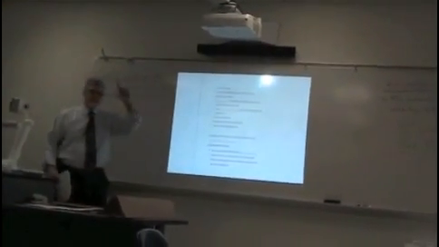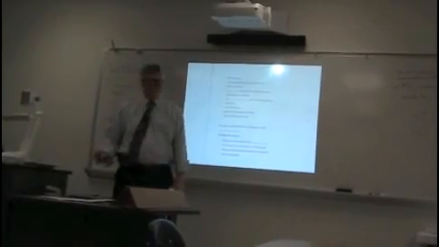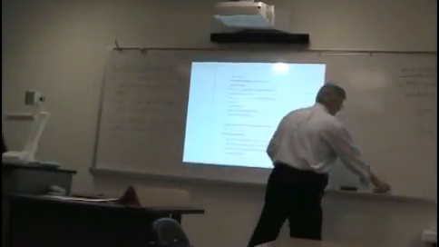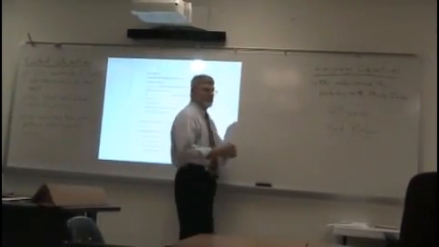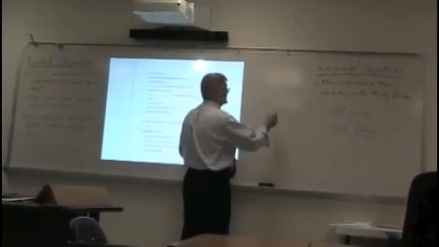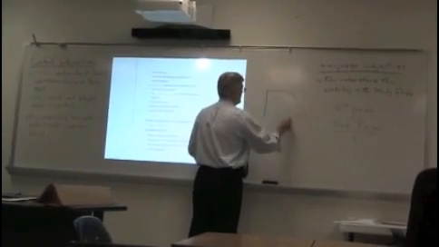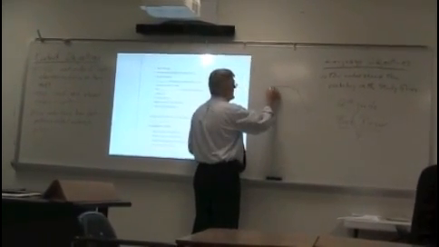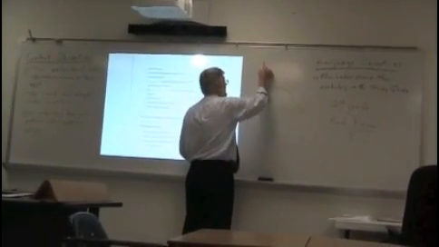And the closer the distance between contours, the steeper the slope. Even though the contour interval remains the same, the distance between the contours changes. If you have a cliff, here's contour 0, here's contour 10 feet, 100 feet, those lines are going to be on top of each other.